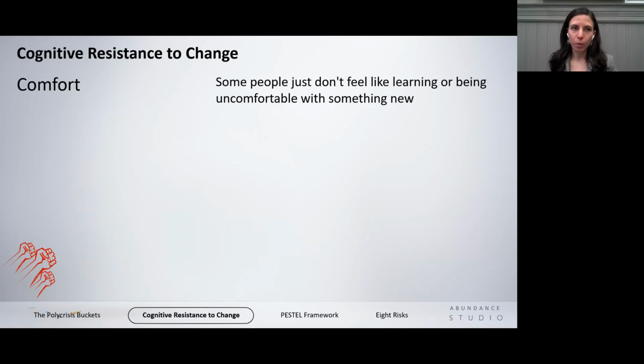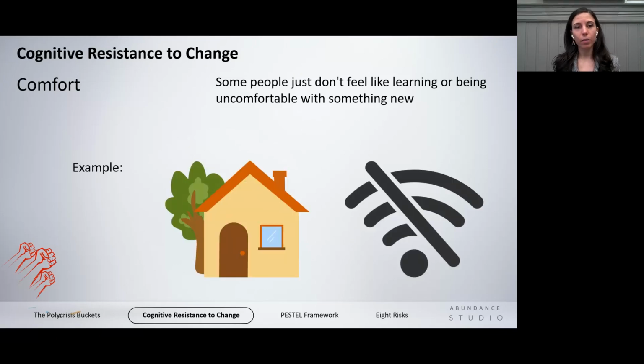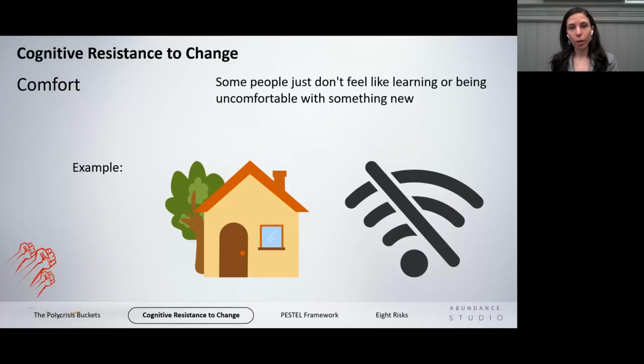Another reason people resist is because they just genuinely do not want to learn anything new. And this was the case of somebody I had worked with. She didn't have Wi-Fi at her home, and she was a few years close to retirement. And in that organization, there was a lot of restructuring happening and modernization. She, along with everyone else, was tasked to improve what they were doing and make it more relevant for today's market.